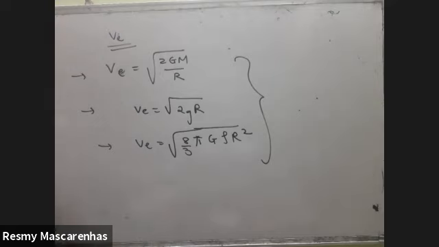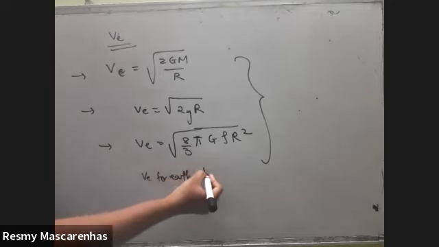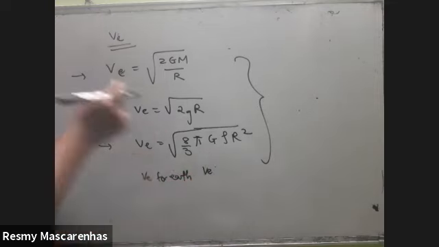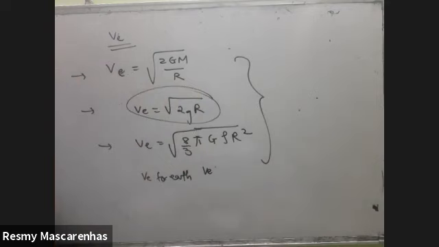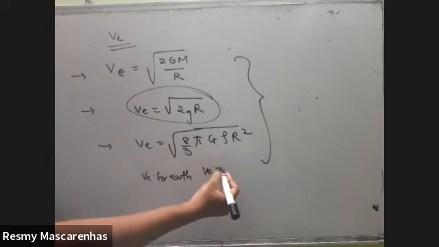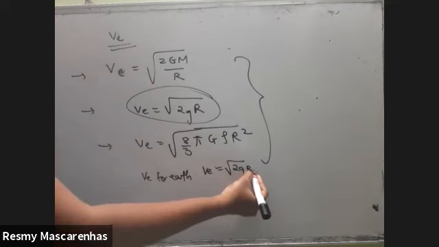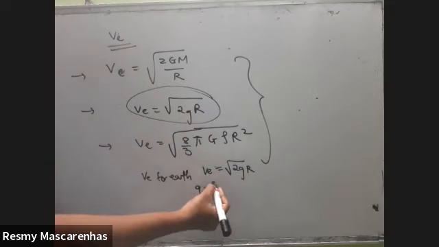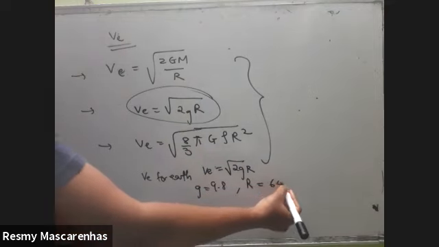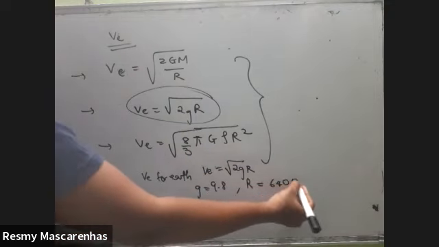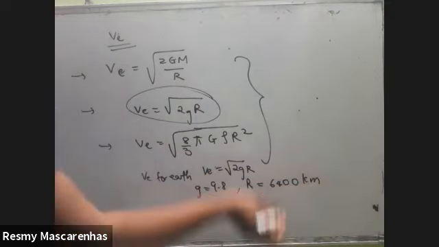So for Earth, suppose we take this formula, V is equal to √(2gR). We know that g is 9.8, and the radius of the Earth we usually take as 6,400 kilometers.